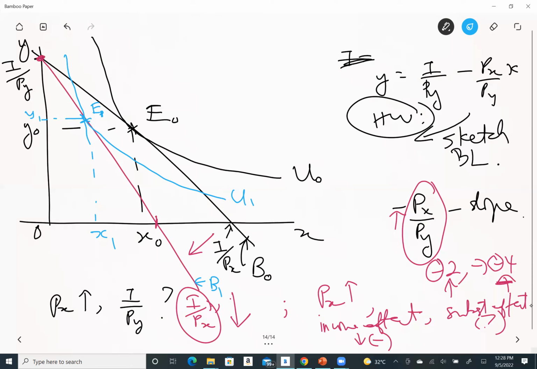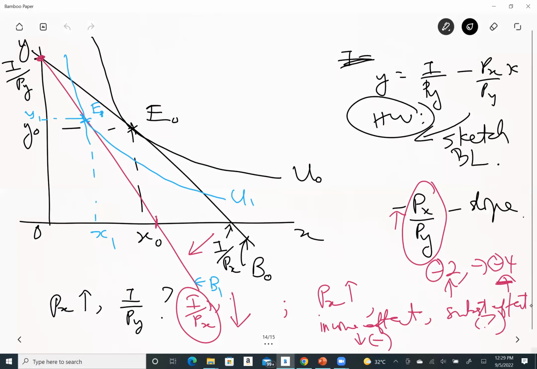Now, when you look at the effect of a price subsidy, we are going to draw a similar diagram, but the effect would be slightly different. So now let's look at the subsidy.